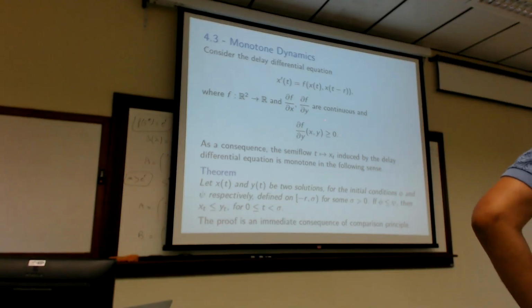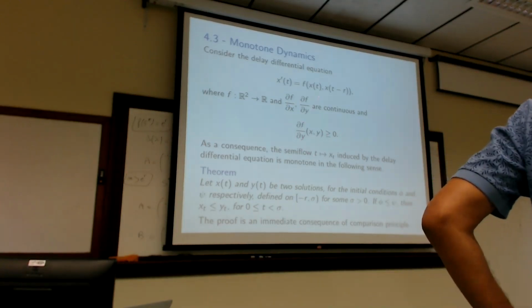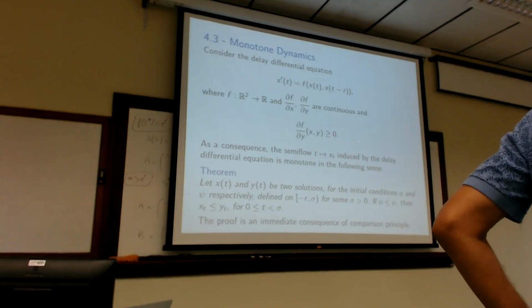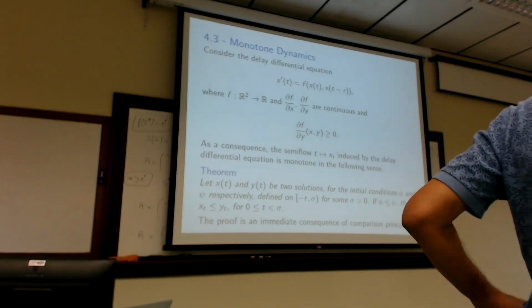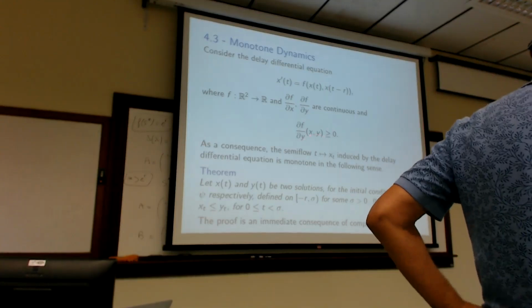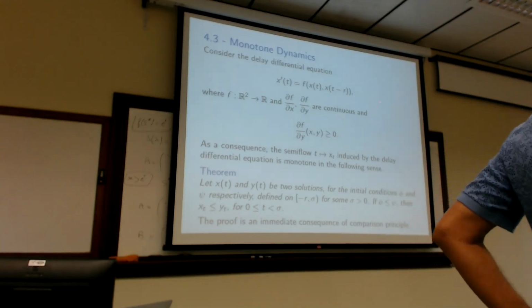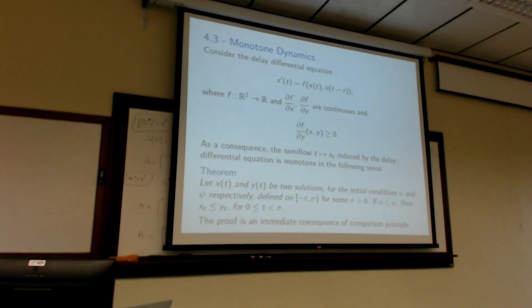This is a very important condition: the derivative in terms of the second component is positive. That means the function f is an increasing function in terms of the second component. These conditions solve many things.